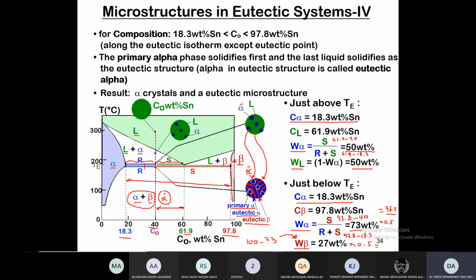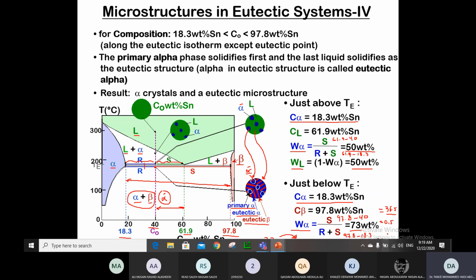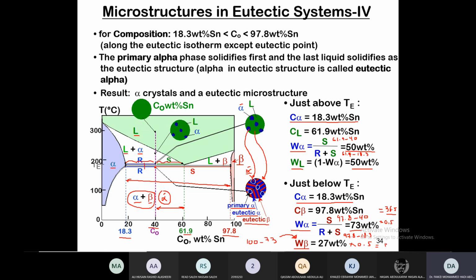And this results in, for beta, 27 times 0.5, which gives you 13.5%. So these are all percentages.